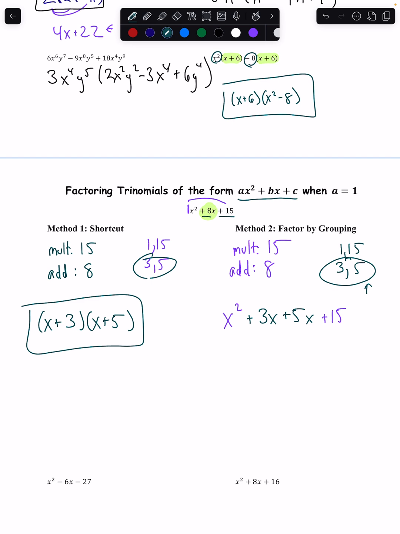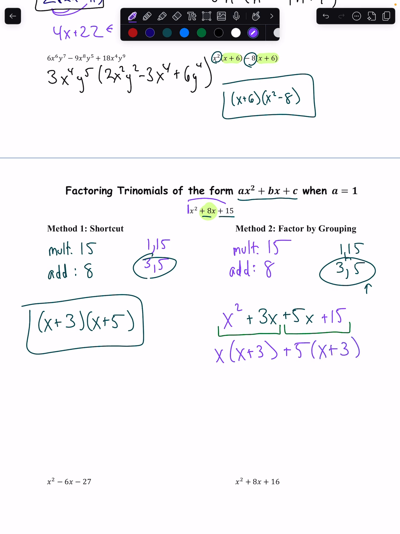And from here, we call it factor by grouping because we look at the first two terms and the second two terms, and we factor each group. So if you look at the first two, our GCF here is going to be x, and then what's left over is x plus 3. And you look at the second two, our GCF here is 5, and what's left over is x plus 3.